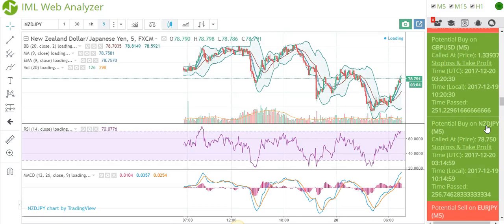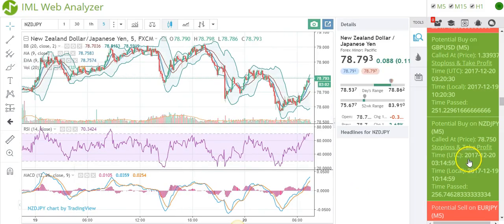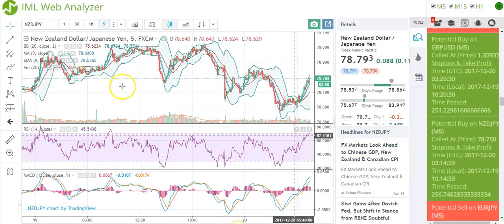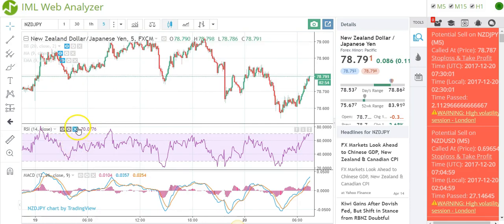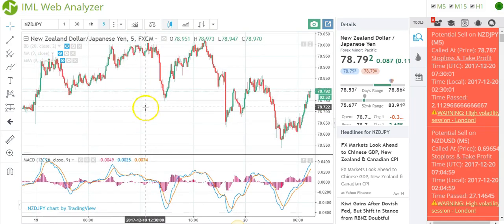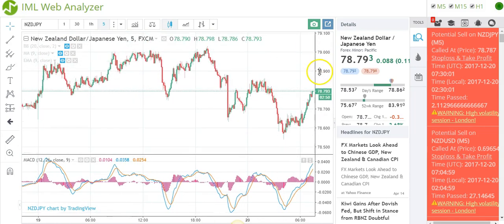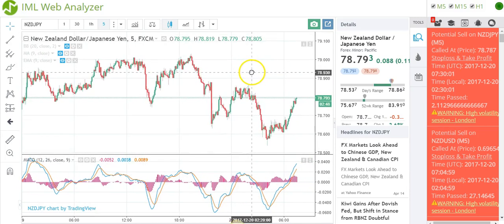So here we go, this NZD/JPY was called. I don't use the RSI, but this is how I'm going to set it up. Now I'm going to set up the pitchfork.